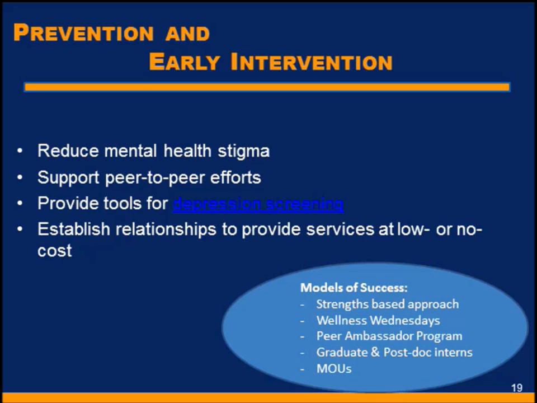So multiple aspects of prevention and early intervention are being implemented. One of the strategic directions, of course, on the state level is to reduce stigma and discrimination, and it's definitely a national effort as well. But part of what's been really successful is something that developed within Riverside City, in that students have very much come together to create peer-to-peer efforts, supporting one another.